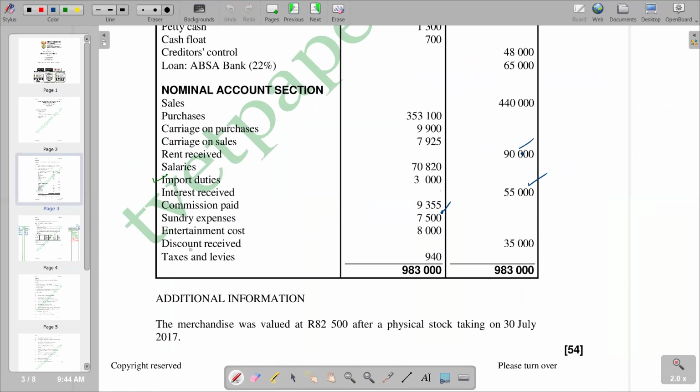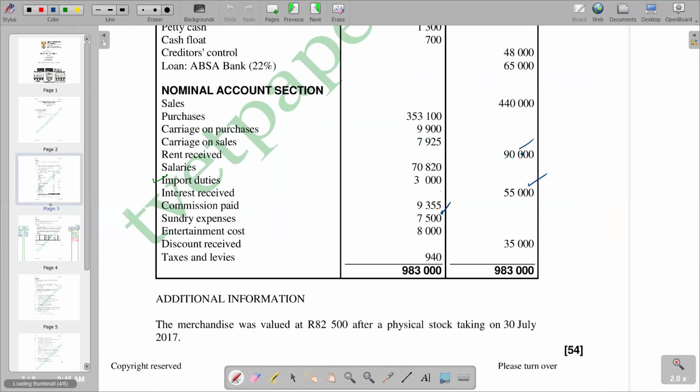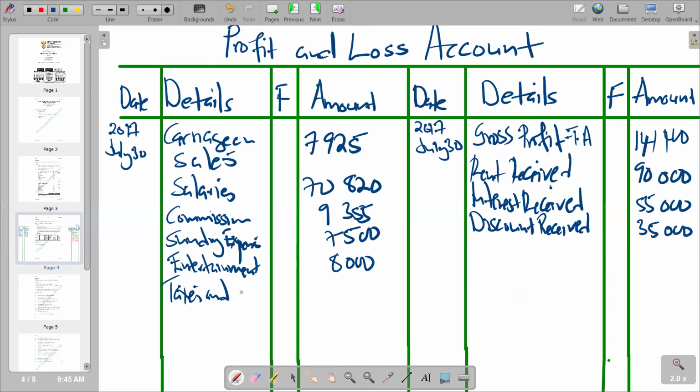Discount received is an income, so it goes to the credit side. So let's say it's an income which is 10,000. Then lastly, we have got our taxes and levies, 940. It's an expense, and it goes to the debit side, 940.